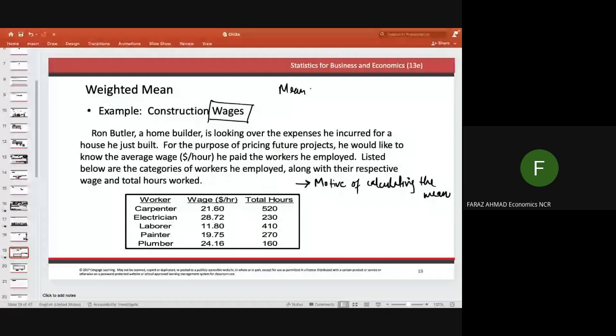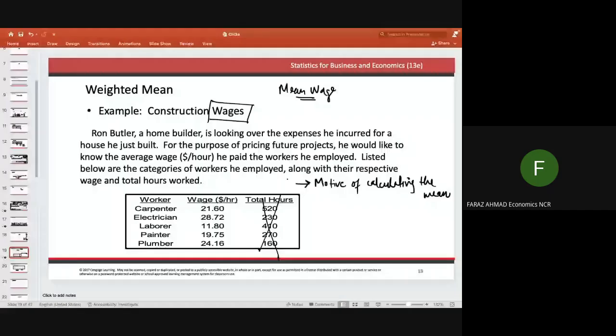So he wants to get what is the mean wage of the workers, right? Average wage. So in this case, you can simply neglect how many hours they worked and calculate the mean wage. If you do it, you would simply add these numbers.